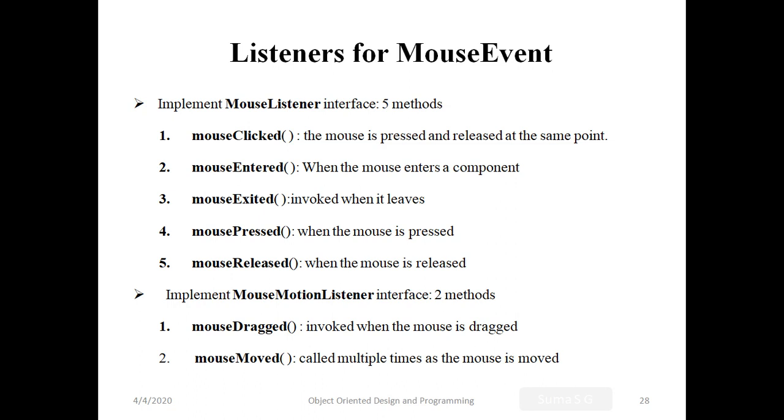You have to learn the names of these methods. Similarly, the second listener associated with mouse event is the mouse motion listener, which contains 2 methods, mouseDragged and mouseMoved. mouseDragged is invoked when the mouse is dragged. mouseMoved is called multiple times when the mouse is moved.